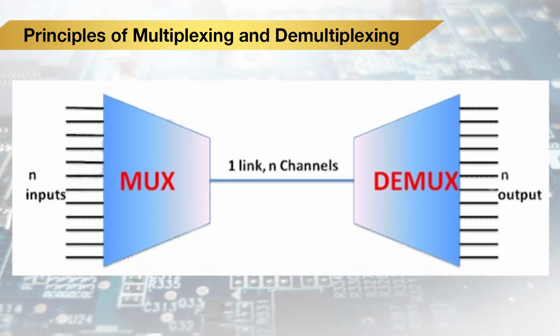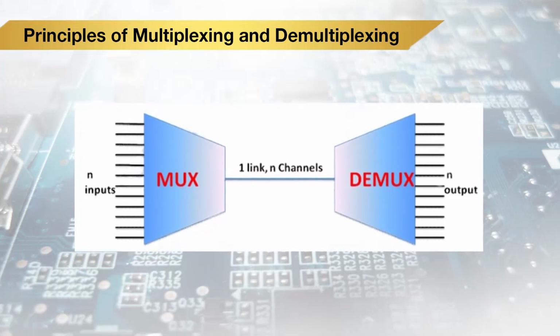So, suppose there is a system with a multiplexing unit, a demultiplexing unit, and a transmission channel. At the transmitter end there is a multiplexer which selects which data is to be transferred. The data passes through the multiplexer, is taken out as the output of the multiplexer, and is transmitted.